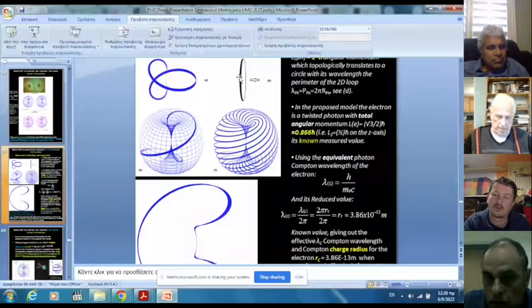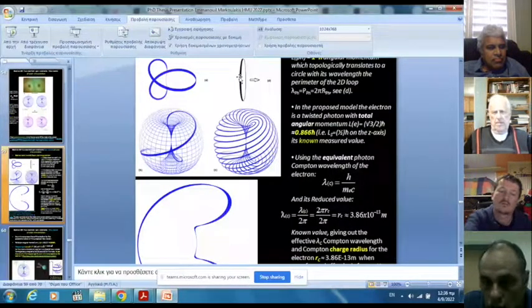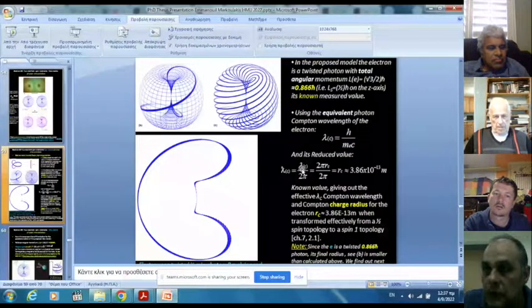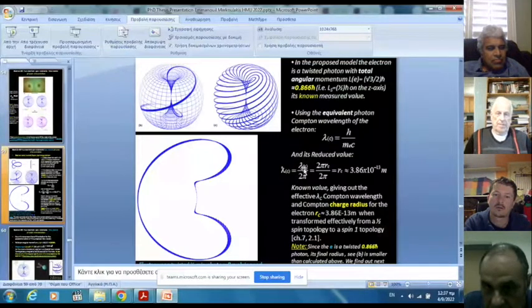Do you remember that the reduced Compton wavelength, which is this symbol here with a dash, is the Compton wavelength divided by 2 pi? So it's a radius. Since this one is divided by 2 pi, the other must be the perimeter.